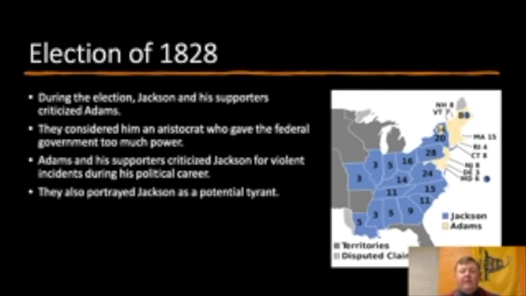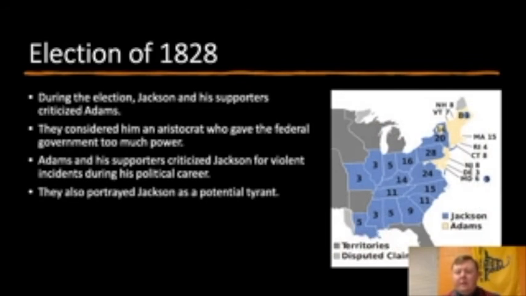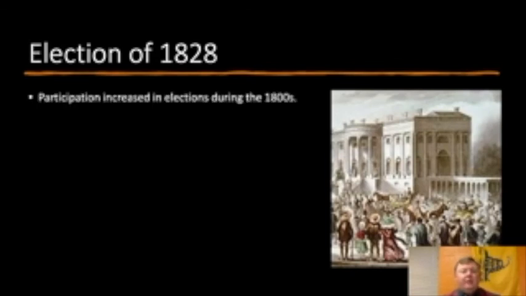They were afraid that he would take too much power and start ruling like the kings back in Great Britain. Let's go back and look at this map here. Obviously, a lot of blue for Jackson, especially in the South. Adams is in this cream color, mainly in the North, with a lot of support in the North and there on the coast. So we'll see how it turns out here.